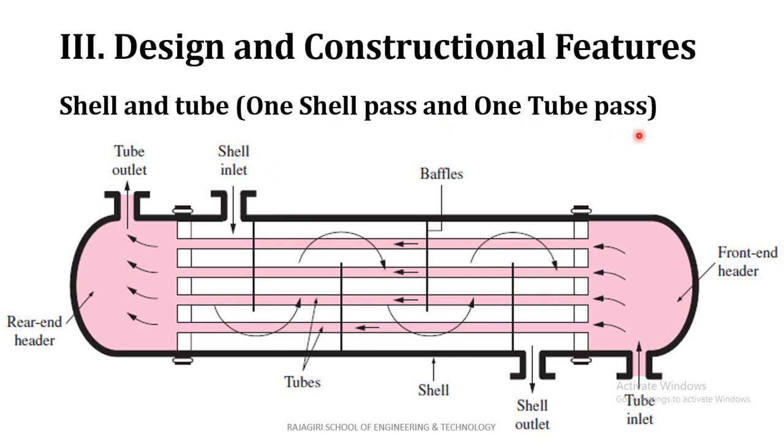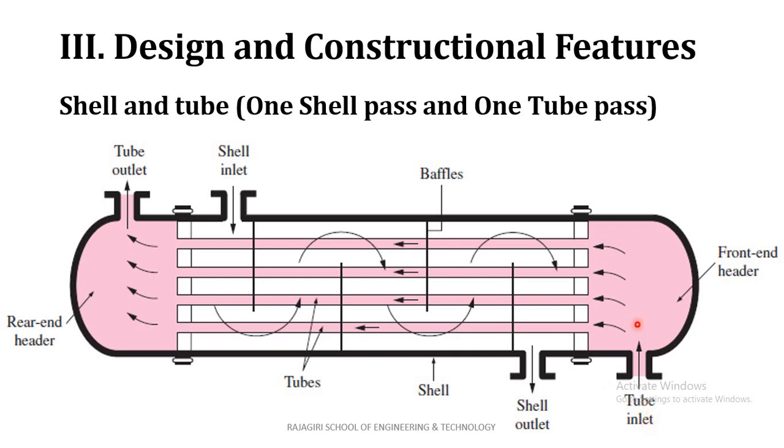Over here, both fluids move along the length of the heat exchanger, only once. Here you can see the shell side fluid is entering at this side, moves through the length of the heat exchanger and exits at the other side. So it will move only once through the length of the heat exchanger, so it is one shell pass.